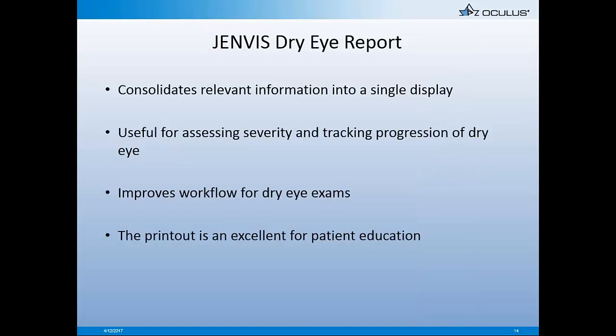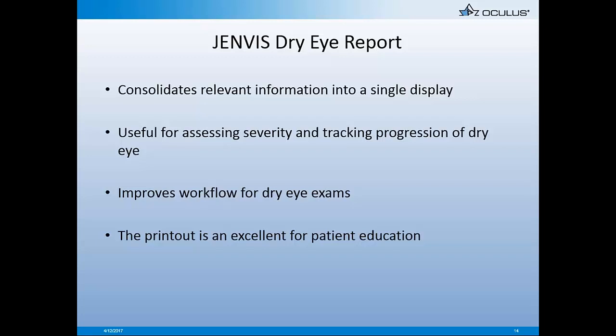Now all of this can be put together in a dry eye report that is named JENVIS. It puts all of the information into one place, so it's very easy, and we're going to go through the JENVIS report in a few slides here because I think it's extremely important. It's going to help you tell the severity, and you'll be able to track the progression of your patients.